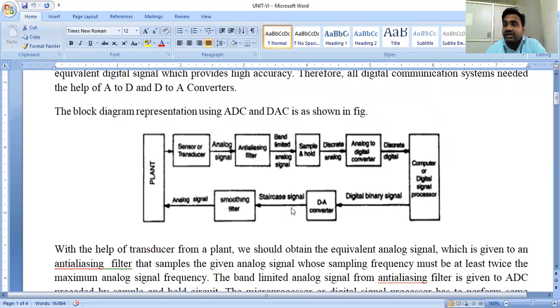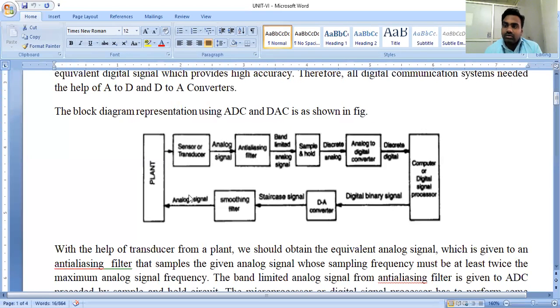So the staircase signal has a certain amount of rampness and various perspectives with respect to the rampness. With respect to that rampness, the signal has to be smoothened, and the noise has to be eliminated with a smoothing filter, and next that staircase signal is further smoothed in the form of an analog pulse.